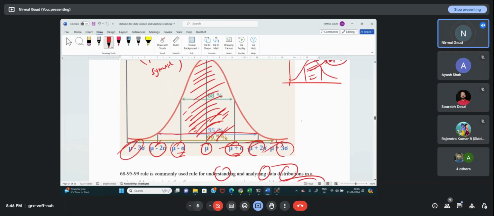You can say, okay, 68% of the data is present between this range. And then you can say 95% of the data is present between this range. And 99% of the data is present between this range. This is how you can tell. This is your rule.